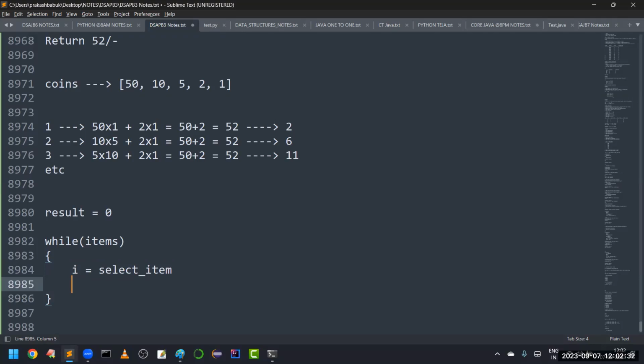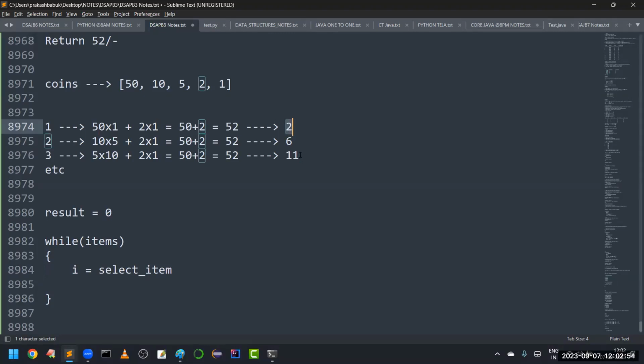One which should give either maximum profit or minimum profit. In some cases we need maximum, in some cases we need minimum. If you take this coins problem, we are always searching for the minimum number of notes that we are going to select.